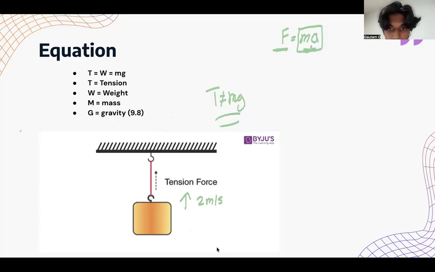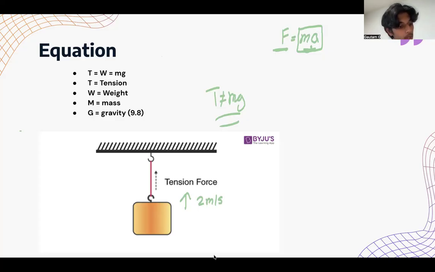Isn't weight and mass the same thing? No, not on Earth, that's the thing. Weight is technically equal to mass times gravity, but force is different than weight. On Earth, when you're talking about weight and force, it's the same thing, but mass itself isn't weight. Weight can change on different planets.